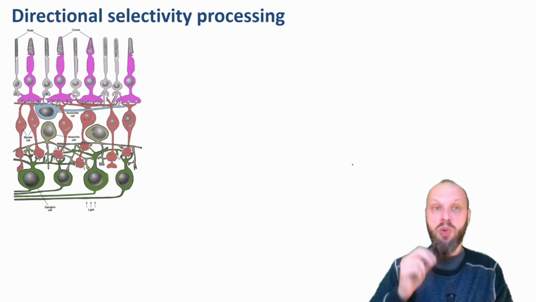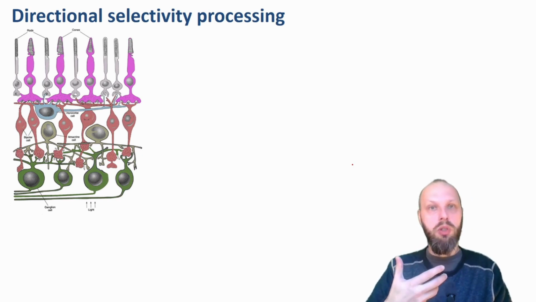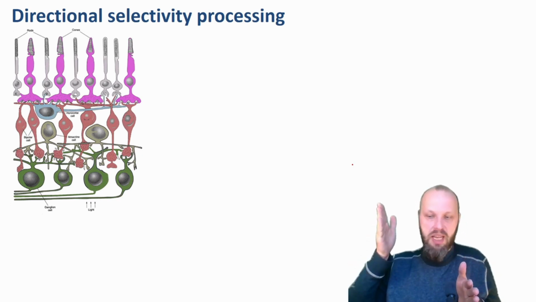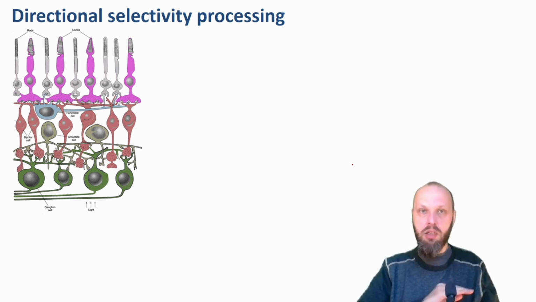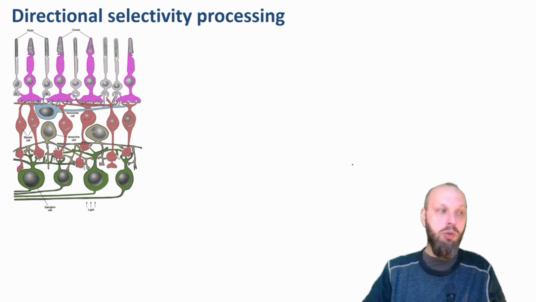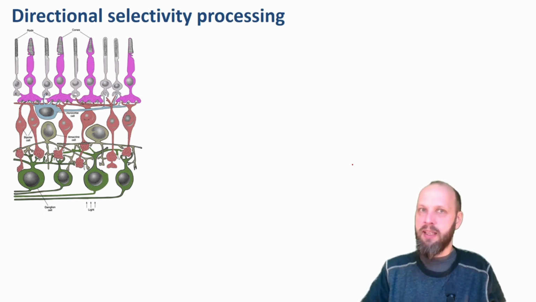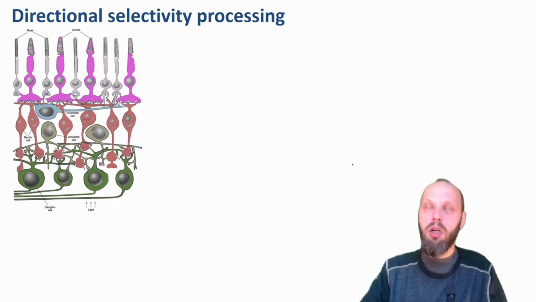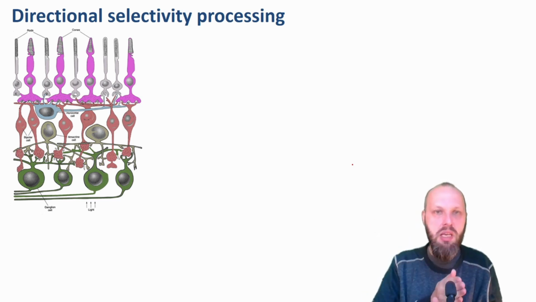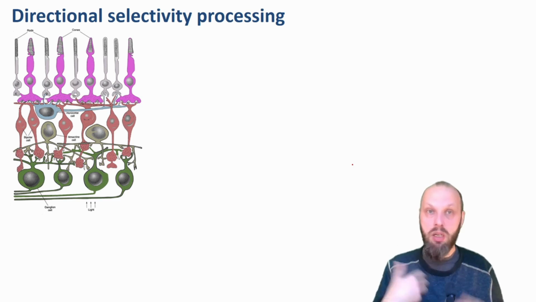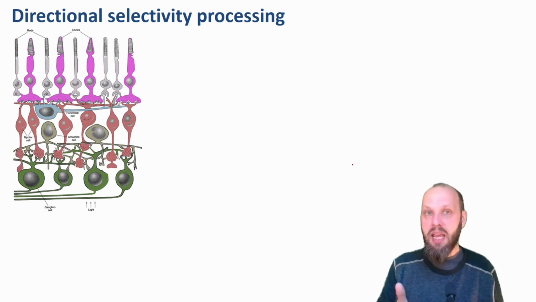Let's see, directional selectivity processing. What would you do? You go in one direction, like A and then B, lots of spiking. You do B and then A, no spiking. Okay, how do we make something not spike? Inhibition. Can we somehow plug inhibition in there so that AB would not harm the output, but BA would?